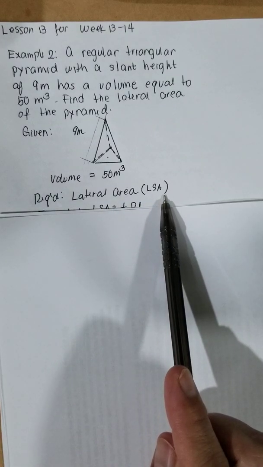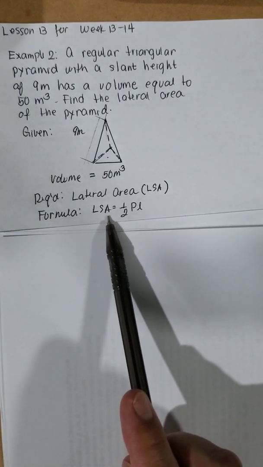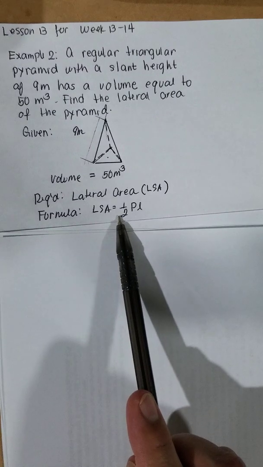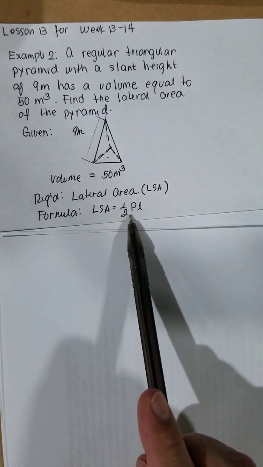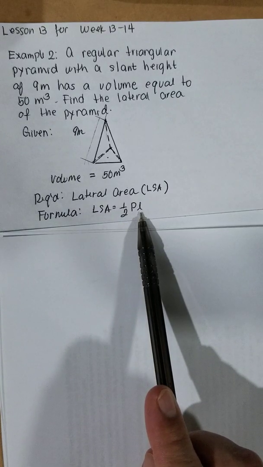The formula to be used is lateral surface area is equivalent to 1/2 P multiplied by L, where P is the perimeter of the base and L is the slant height.